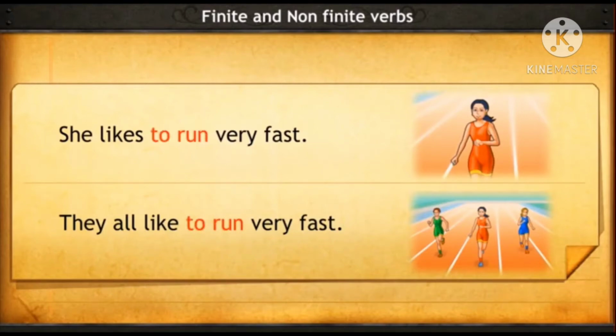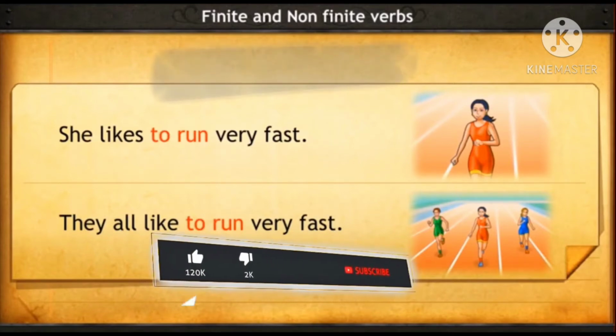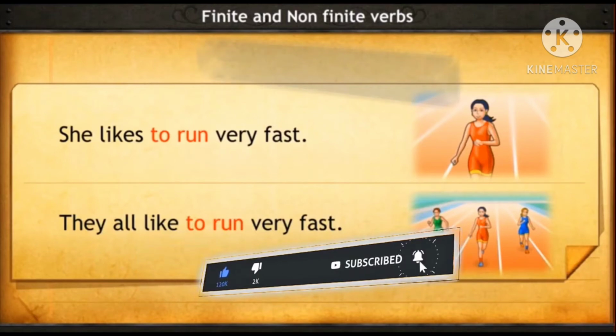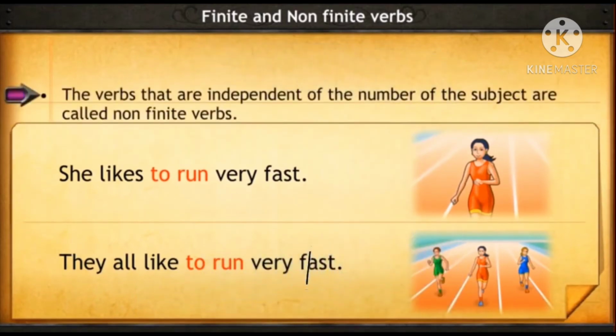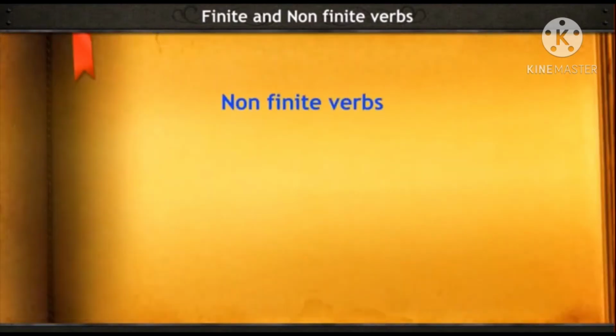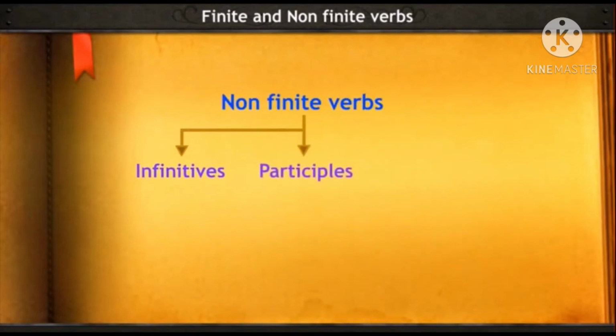This verb is independent of the number as it applies to both a single subject and multiple subjects. That means the verbs that are independent of the number of the subject are called non-finite verbs. Now, non-finite verbs are of three kinds: infinitives, participles, and gerunds.